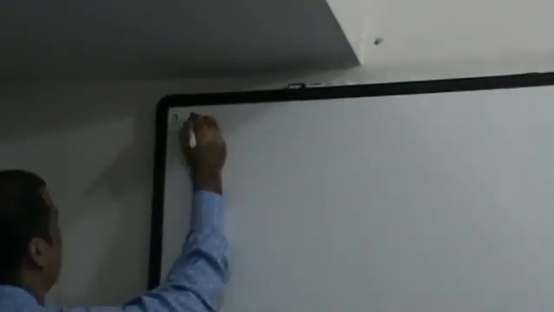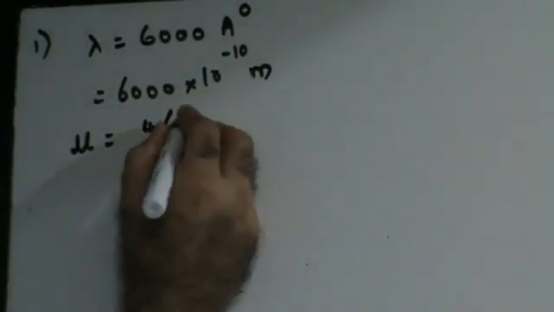Take down a sum please. A light of wavelength 6000 Armstrong unit is incident on a water surface of refractive index 4/3.